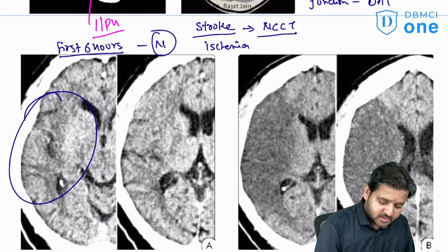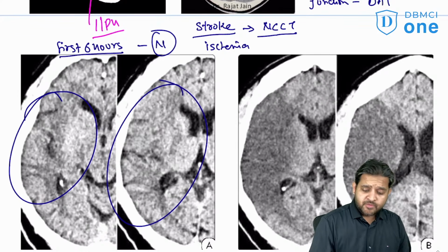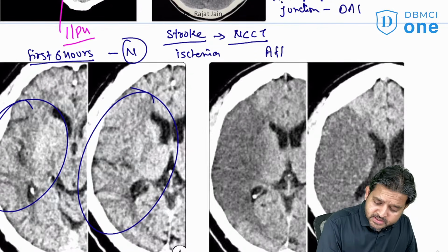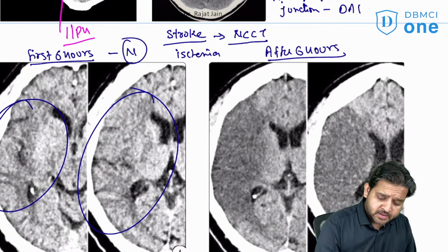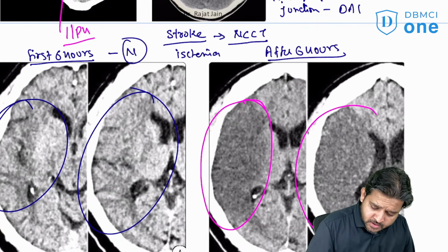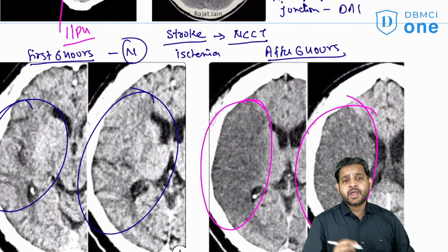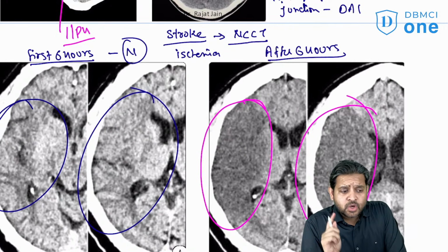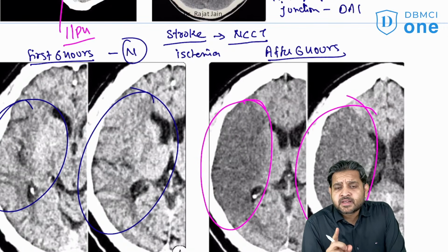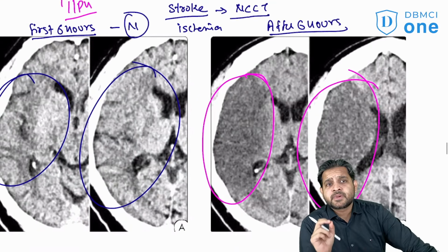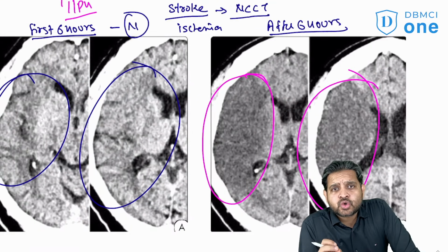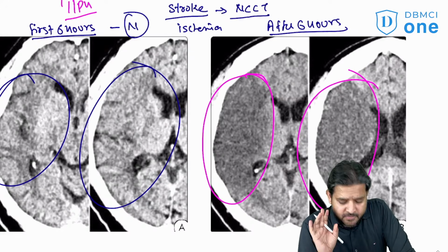As you can see, this area looks normal. However, after 6 hours, what will happen? The involved area will become hypodense. In the first 6 hours, it is normal, and after 6 hours, the involved area will become hypodense. So these are the 2 typical examples of ischemic stroke on a non-contrast CT, right?